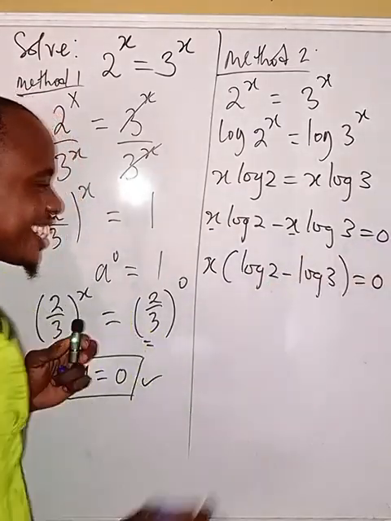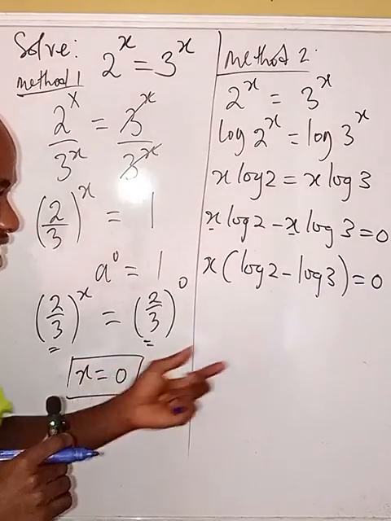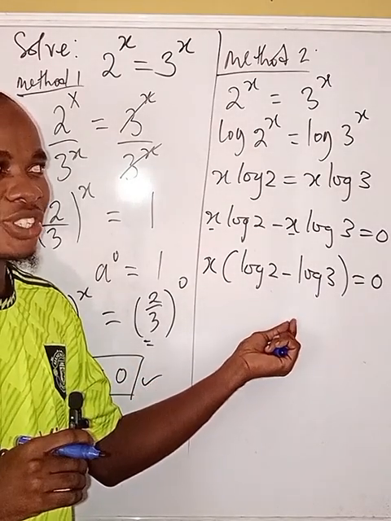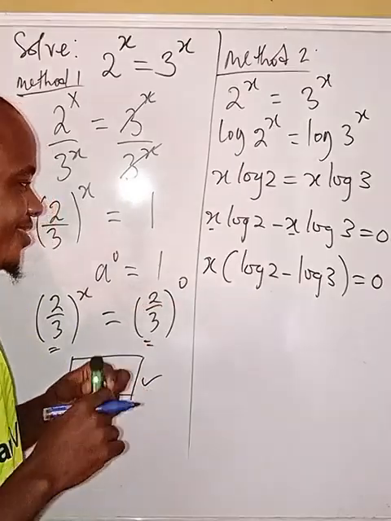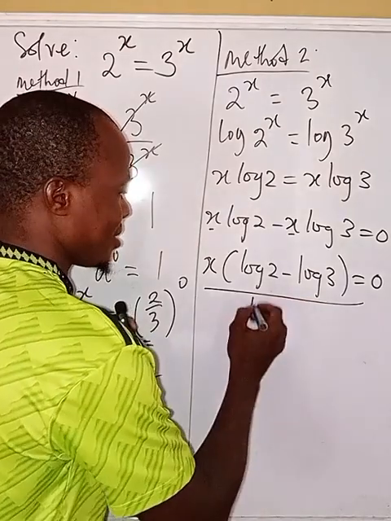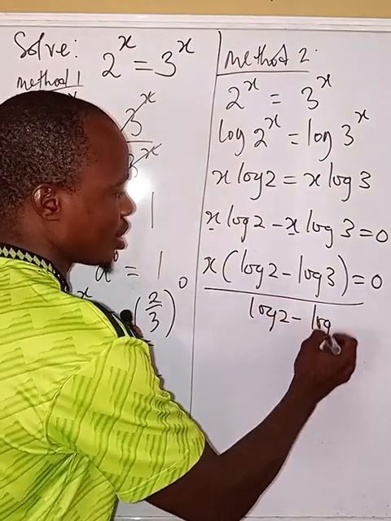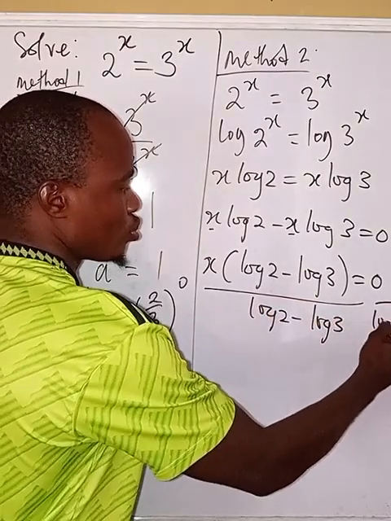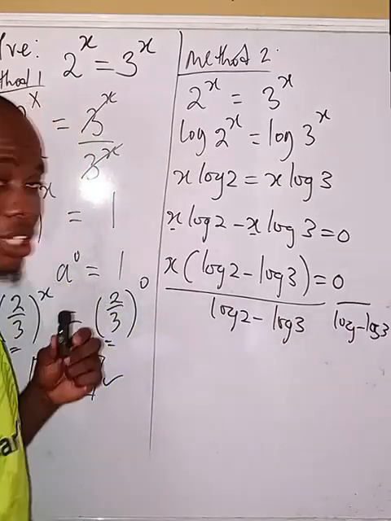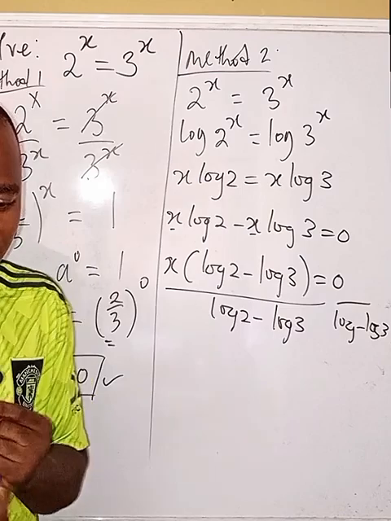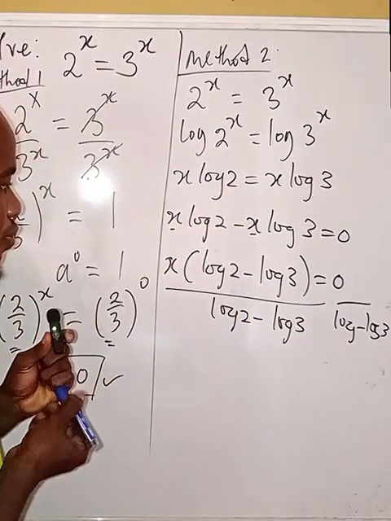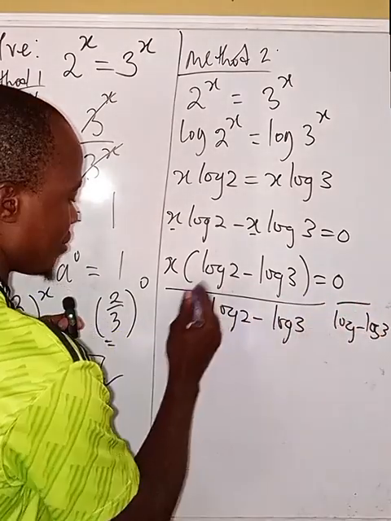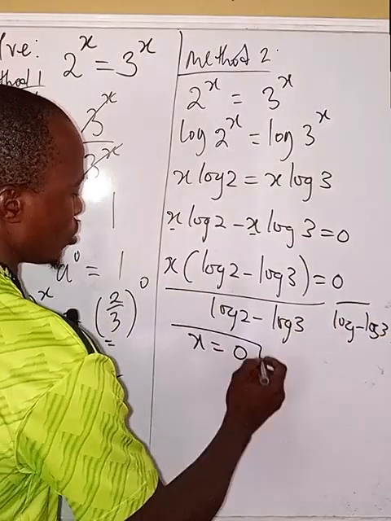Now, I'm very sorry to say, if you are just a baby in mathematics, you can just say divide both sides by log 2 minus log 3. And you are right, because everything will be equal to 0, so you are done.